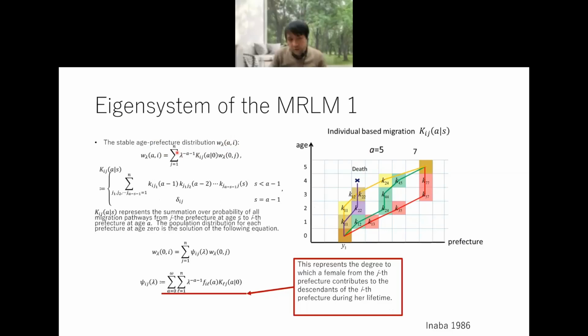The eigensystem of this model can be represented by a density distribution derived from the sum of women's migration history and the eigenvalues. This is the right eigenvector representing the stable age distribution by prefecture. However, the following equation must be solved for the distribution of age 0.